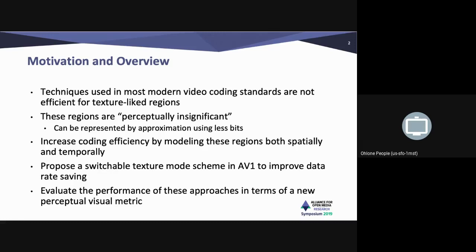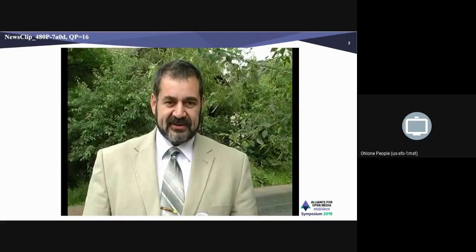And we also developed a new perceptual visual metric because, as you can imagine, since we're doing this with approximations, comparing the pixel-by-pixel difference with a traditional type of quality metric may not work very well to evaluate our methods. All right, so I'm going to start with an example.